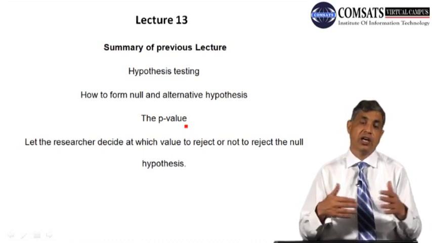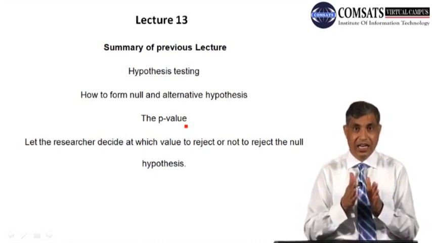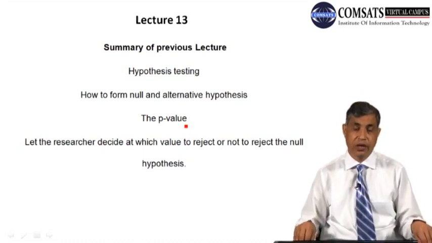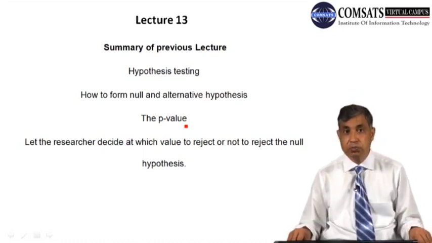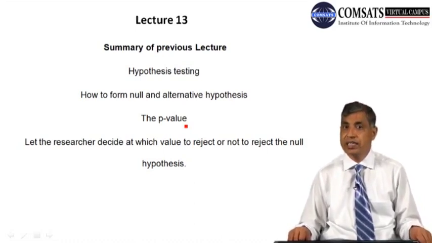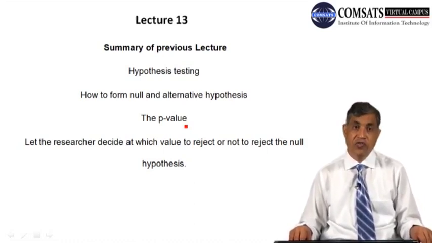There is a negative relationship between the t value and the p value. As the t value increases, the p value decreases. In the conventional or traditional way, we want our p value to be less than 10%.